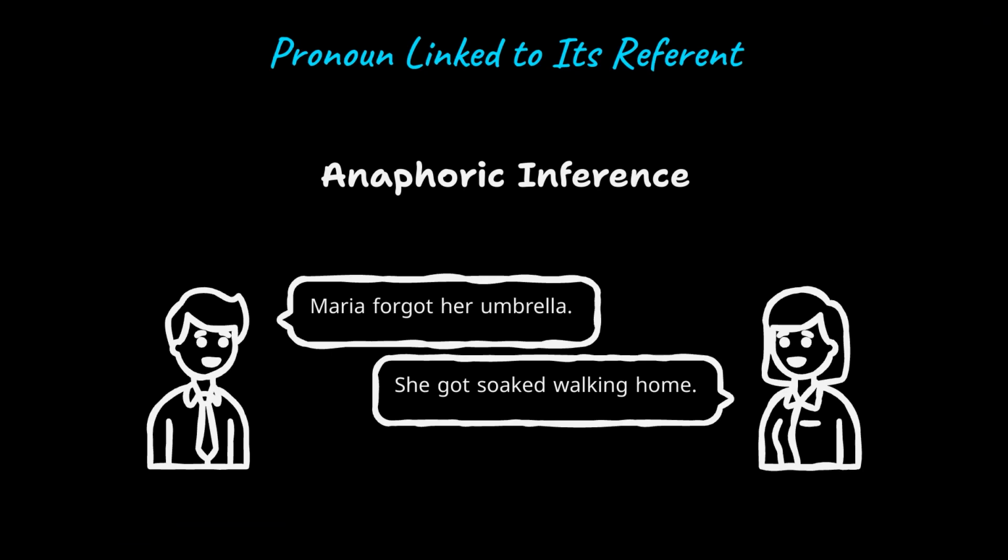Grammatical features like gender and number, plus Maria's prominence in the discourse, converge to make this link fast and effortless. Resolution works by narrowing down candidate referents using three types of constraints: grammatical features like gender and number, semantic fit with the predicate, and discourse factors like recency and topical prominence. When all three converge, resolution is instant.